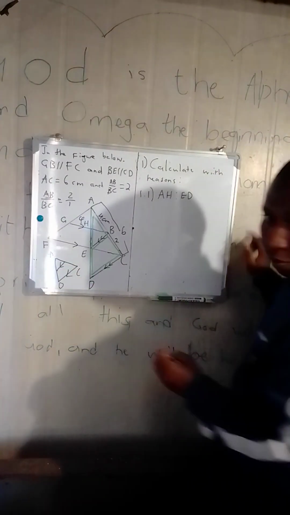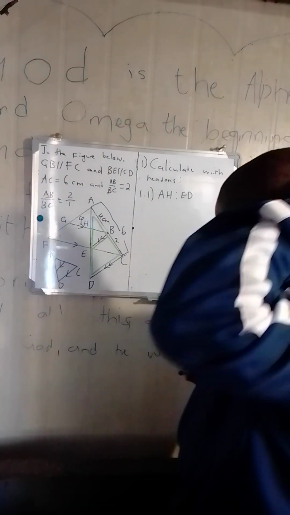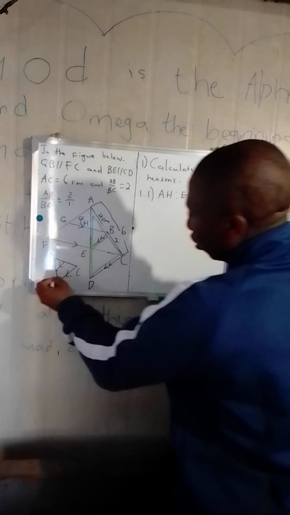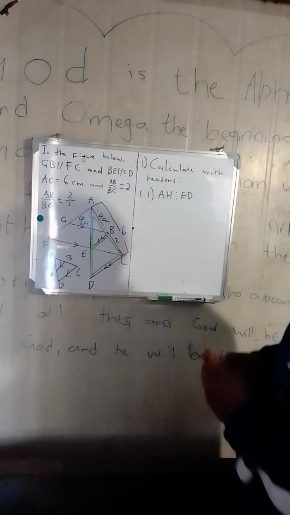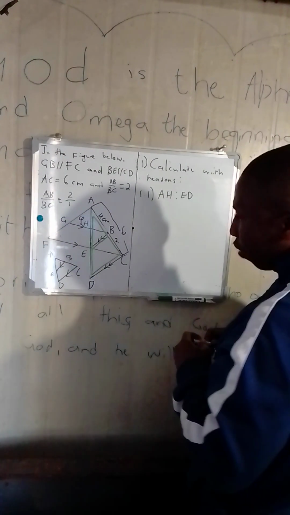This line is parallel to this line, right? So let's see. I'm looking for ED. Here it's E, here it's B, right? So I'm looking for ED. How do we find ED?